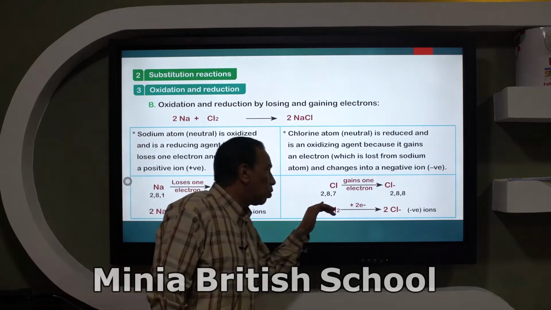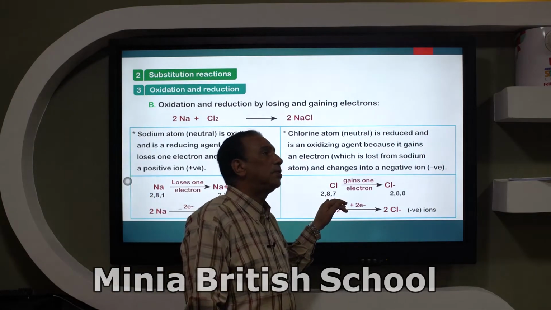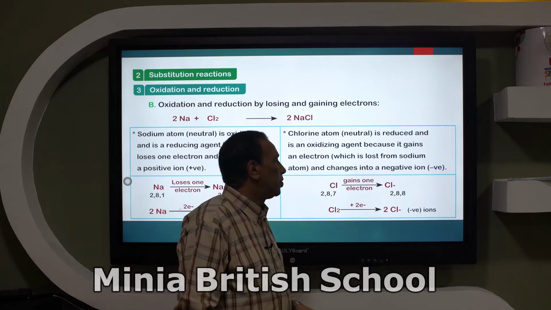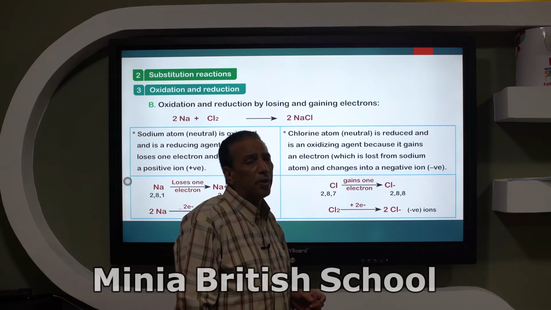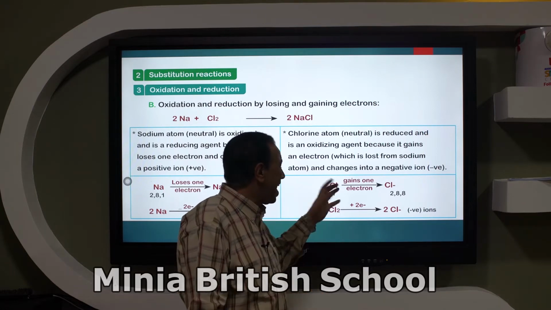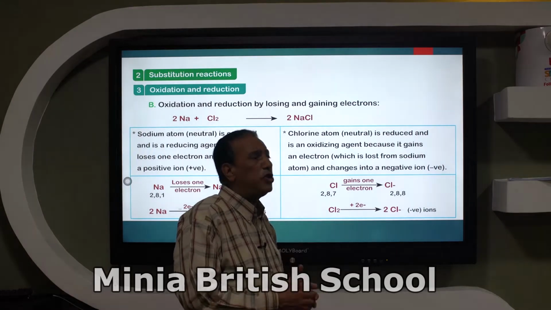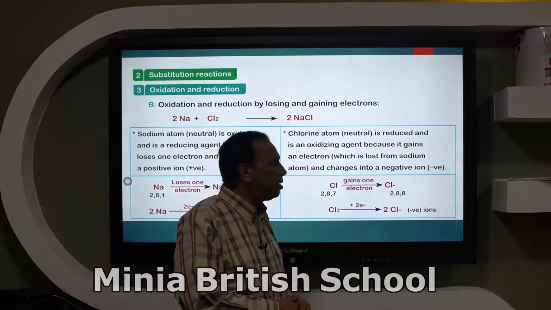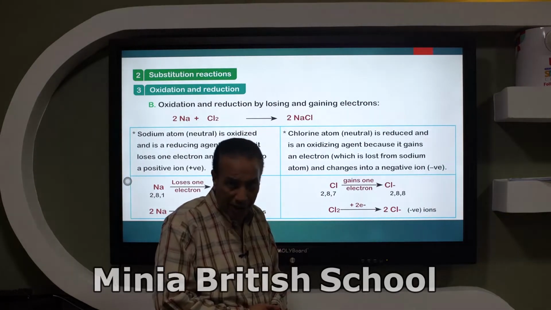Here is the chlorine atom. Its atomic number is 17, and its electronic configuration is 2, 8, 7. Then it will gain one electron and change into chlorine negative ion, and this gaining of electron is called reduction.